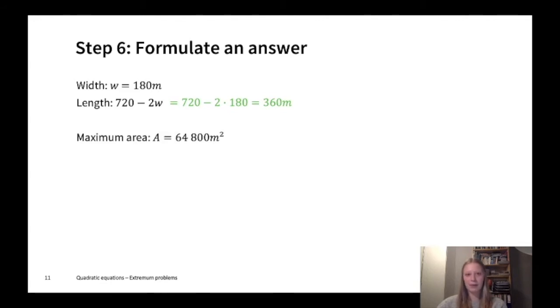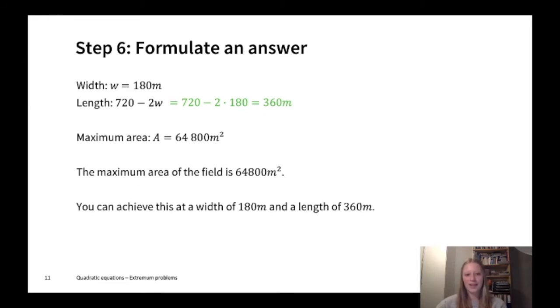The maximum area, we also found this in the previous step, equals 64,800 square meters. So now let's formulate our answer. The maximum area of this field is 64,800 square meters, and we can achieve this at a width of 180 meters and a length of 360 meters.